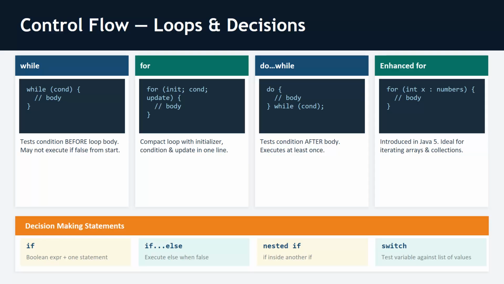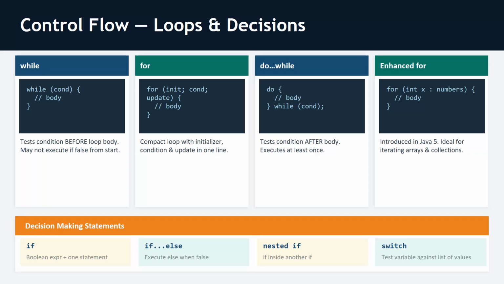You can have for i, then i less than 10, then i plus plus or i minus minus. So you can use postfix or prefix values there for the update section.